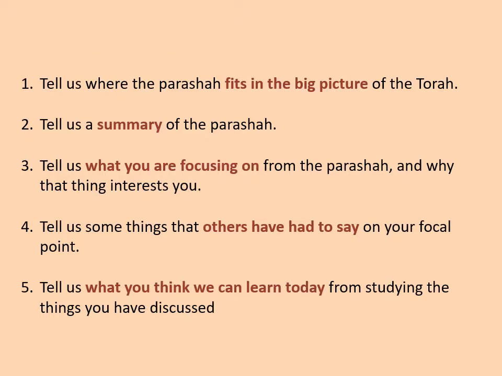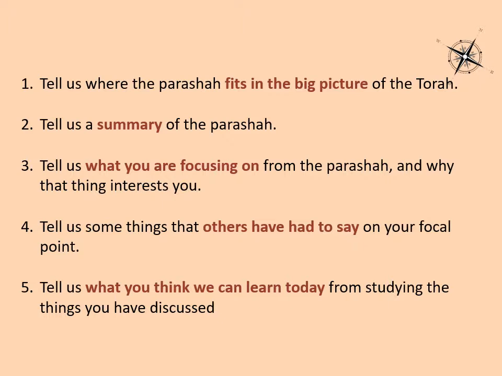In the first section, you're going to tell us where your Torah portion, your parasha in Hebrew, fits within the big picture of the Torah. And the symbol that I'm using for that concept is a compass. You're just going to take a minute, maybe 2, but you're going to give us some sense of what big events that are well known in the grand Torah story, like the giving of the 10 Commandments, or the splitting of the Red Sea, or Noah's Ark.